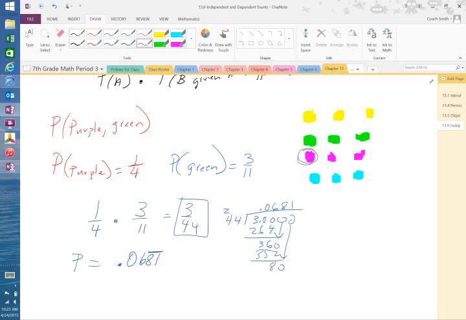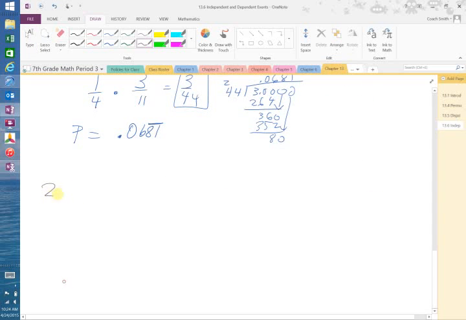Let's look at number 2. In the directions, they've told you that this is an independent event. So it says events A and B are independent events. Find the probability of A and B. Number 2 says the probability of A is equal to 0.3.